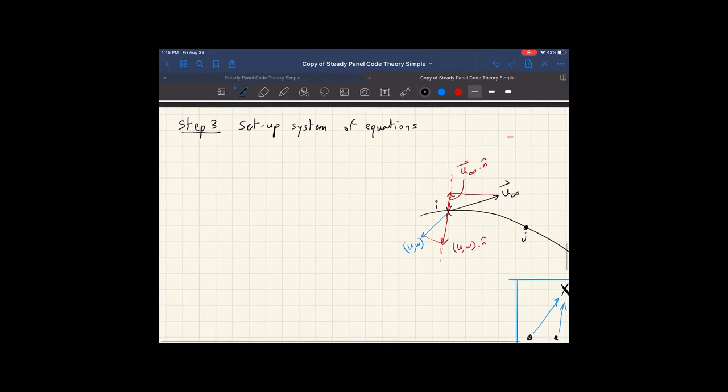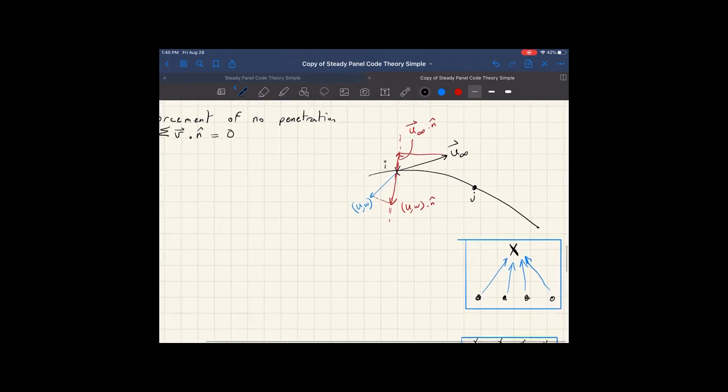And keep in mind the first boundary condition that we want to meet is the enforcement of no penetration, i.e. the total velocity vector normal to the surface at any collocation point is 0.